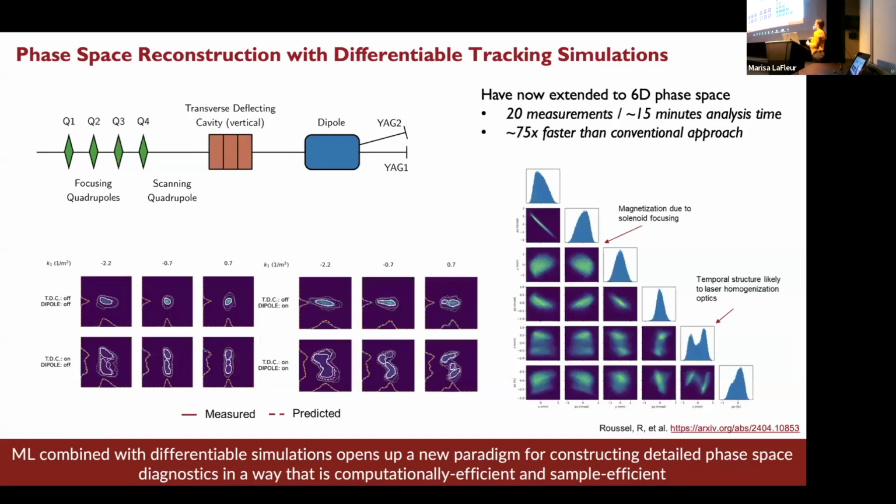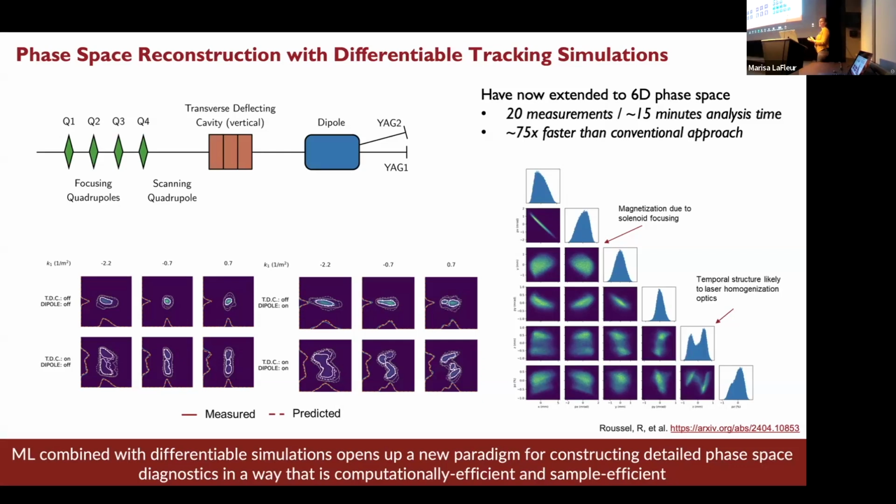We've now extended this with the addition of another simple diagnostic, a dipole and a transverse deflecting cavity, to get the full 6-dimensional phase space of the beam. So this is that movie I showed you earlier with a beam rotating in phase space.